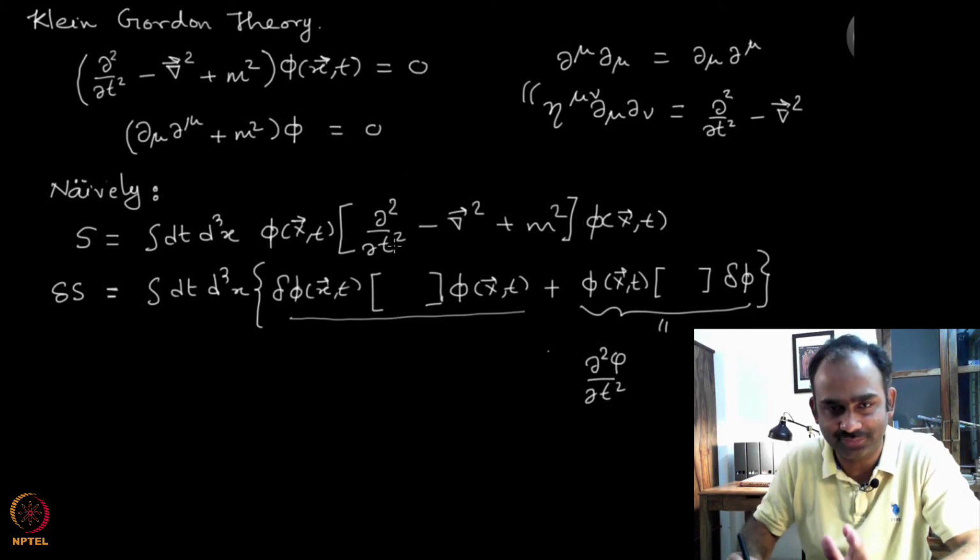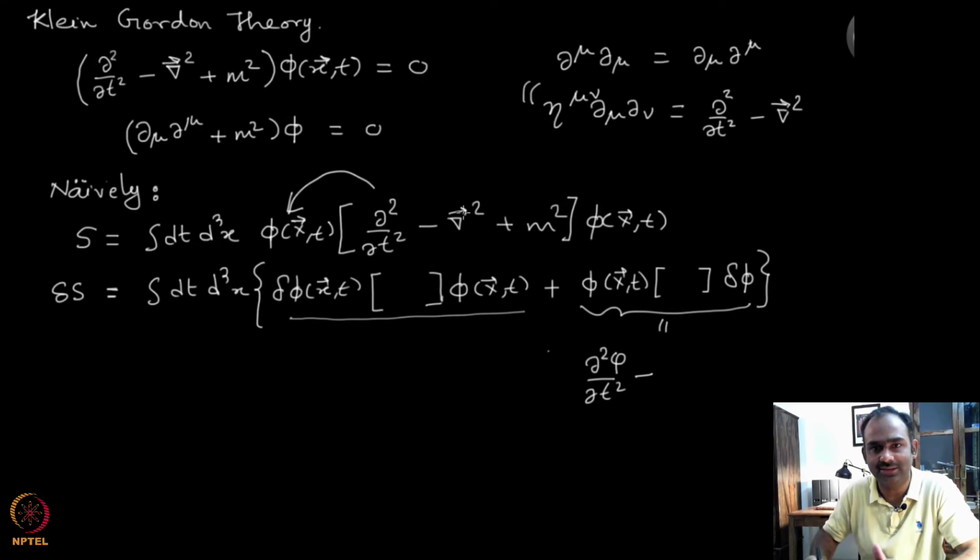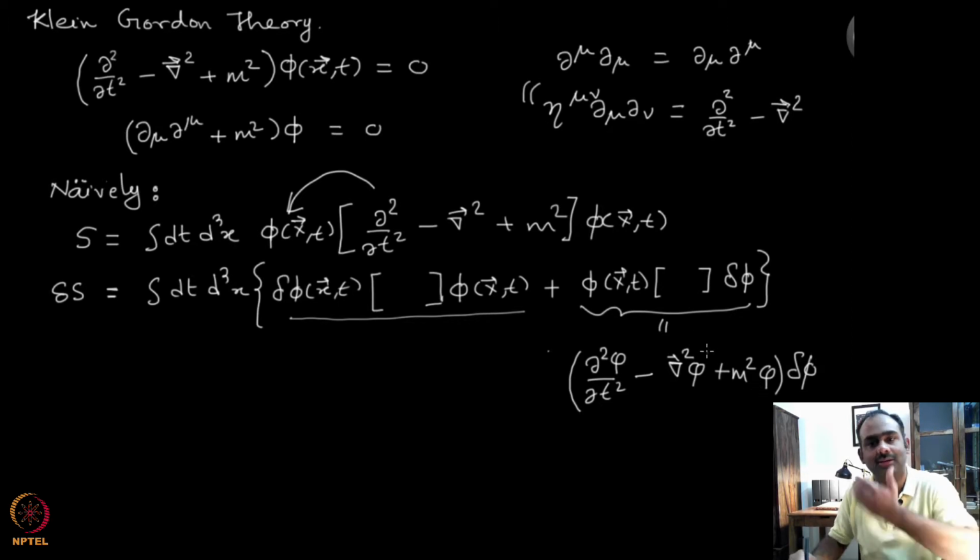So this derivative has now been transferred to this one, minus again the same thing, this gets transferred to that, and plus m squared phi, there is no problem. That's a constant, so it's okay, and then this gets freed up.